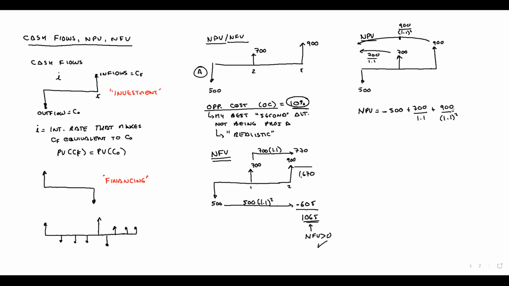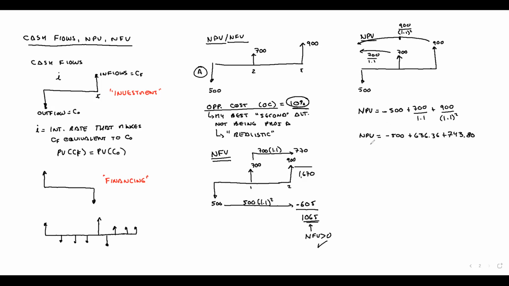Okay, so let's do this. Let me see. It's going to be 700 divided by 1.1. So this is going to be minus 500 plus 636.36 plus 900 divided by 1.1 squared. This number here is 743.80.